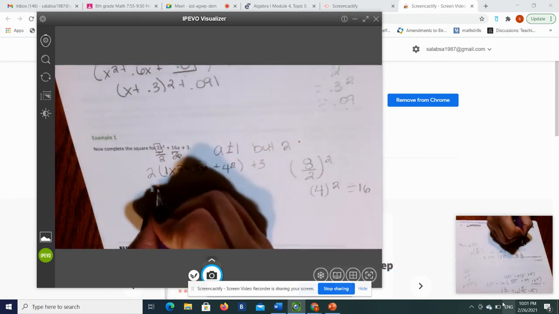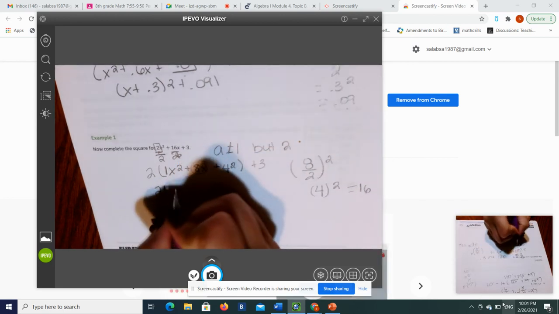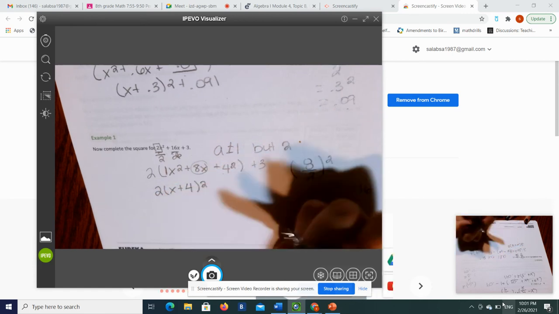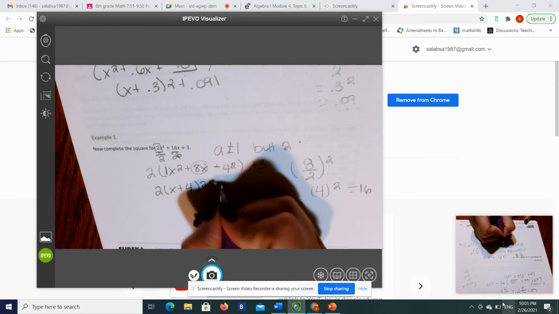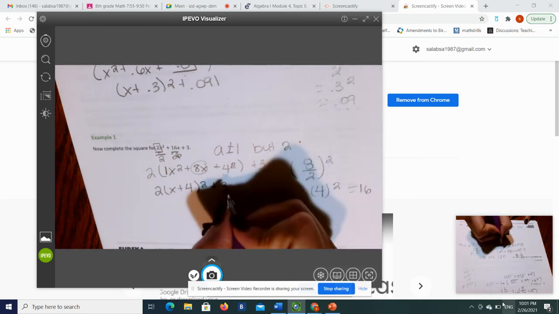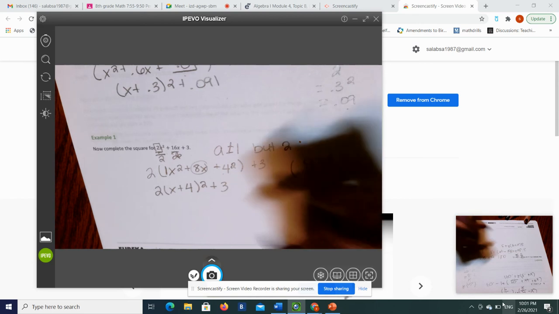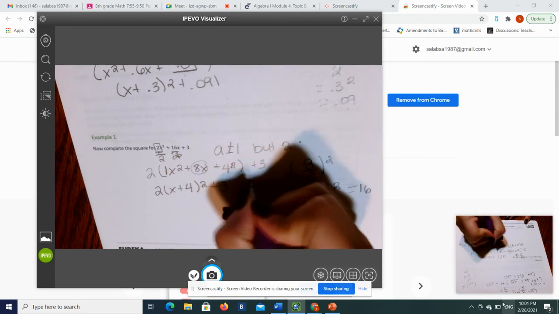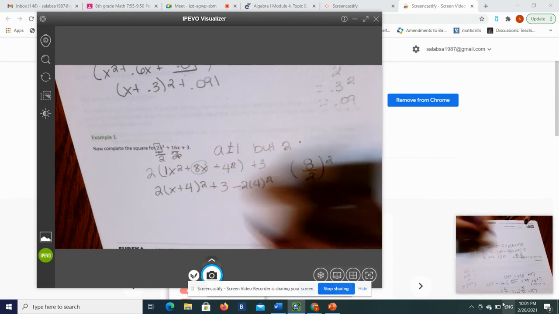Now let's solve it. We're going to have 2 times x plus 4 squared plus 3 minus 2 times 4 squared.